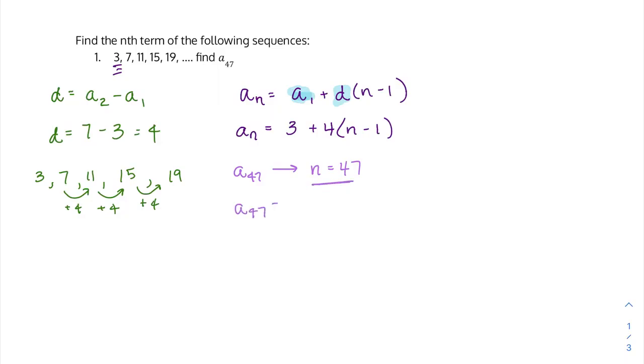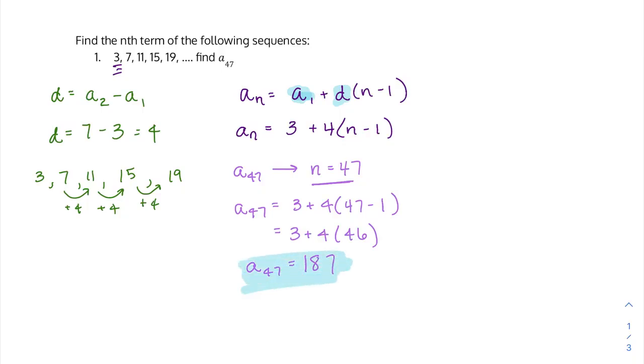So A47 equals 3 plus 4 times 47 minus 1. That equals 3 plus 4 times 46, and then I can just plug this into my calculator: 3 plus 4 parenthesis 46, and we get that our 47th term is equal to 187.